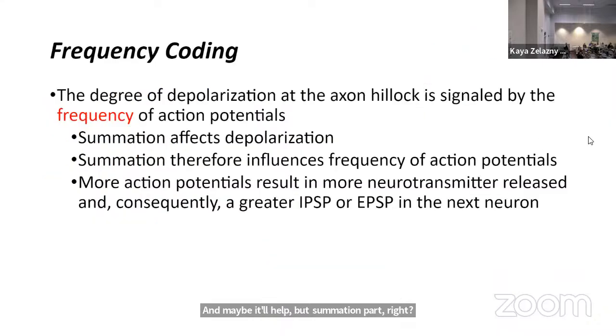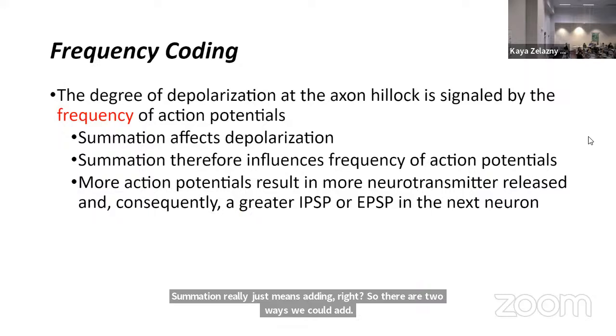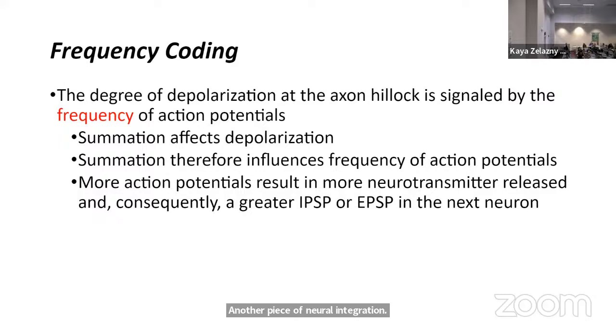Okay. Another piece of neural integration is frequency coding. So when we are thinking about frequency coding, what we're thinking about is frequency of action potentials. When we have more depolarization happening at the axon hillock, we might fire off action potentials more quickly. Okay? So the summation we've been talking about, right?